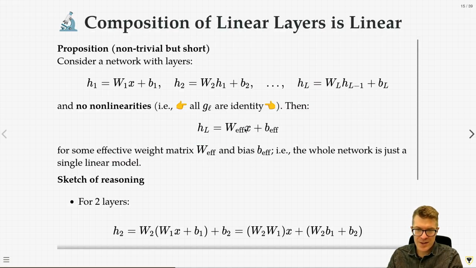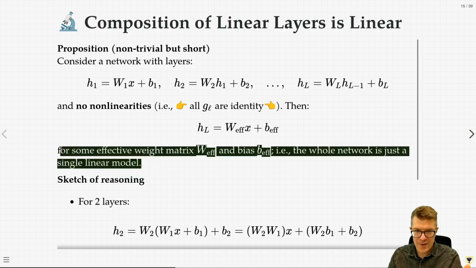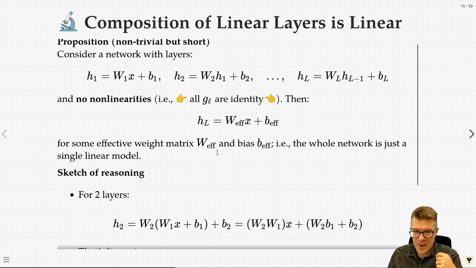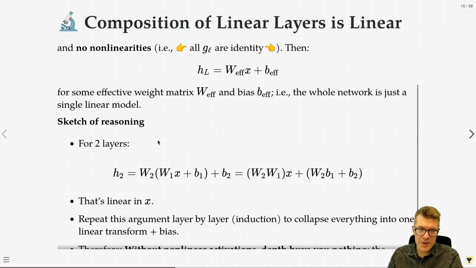This isn't an actual weight matrix in the neural network, but a pseudo, high-level abstract weight matrix and some pseudo abstract bias vector. Again, the whole thing will just be a single linear model, which would be disappointing. So this is the claim. This is the pseudo proof, or at least the reasoning.